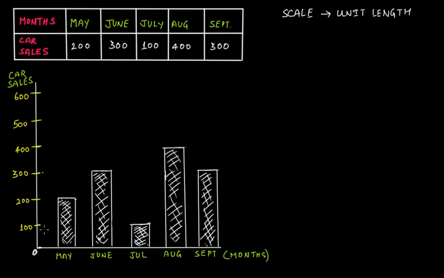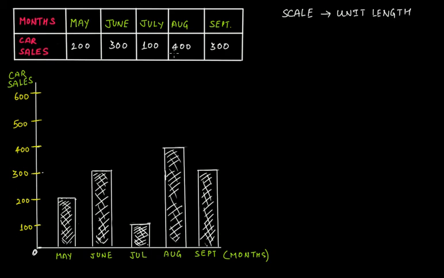So there's no point that I use my unit length as of 10, right? 0 to 10, then 10 to 20, then 20 to 30, then 30 to 40, 40 to 50, 50 to 60, of no use because my data is starting from 100, right? So there's no point of taking either unit length of 10 or even the unit length of 50, because we don't have any data that has 450 or 150 or 350.